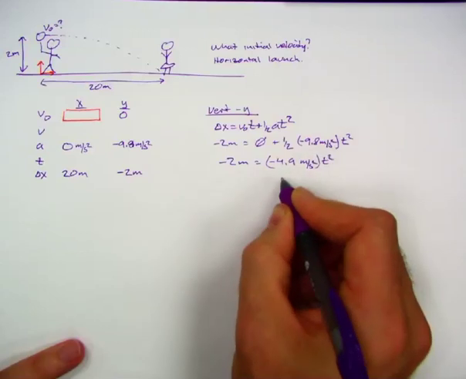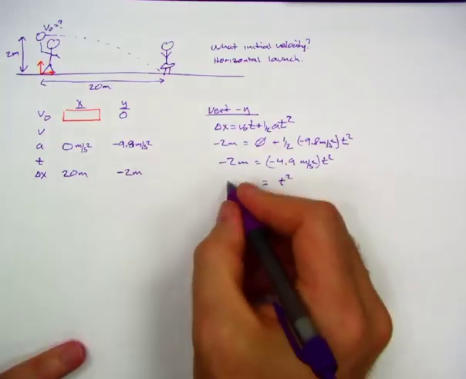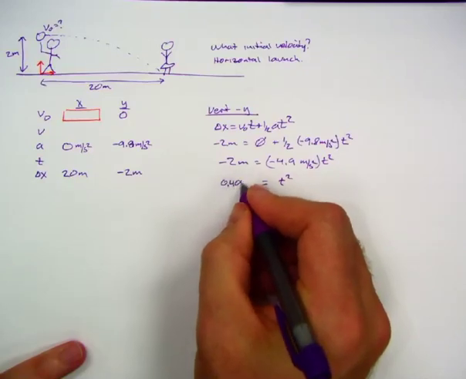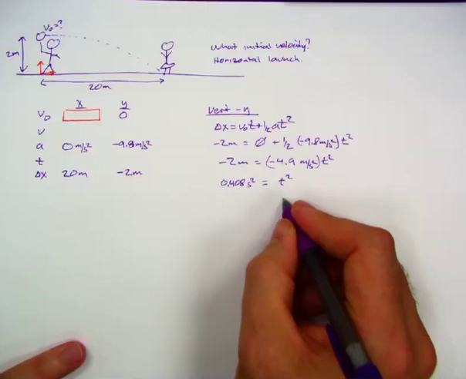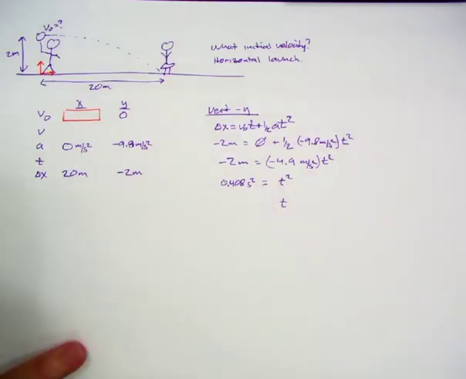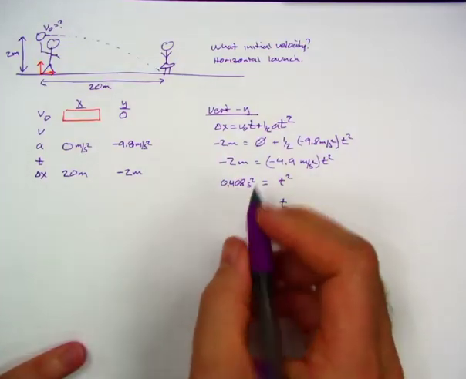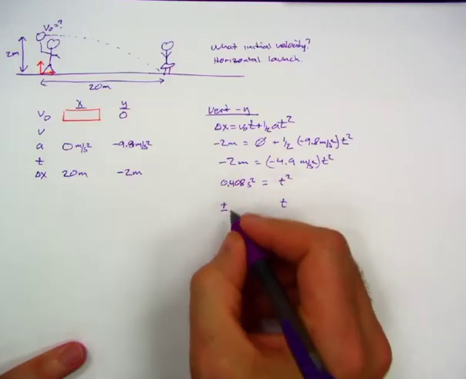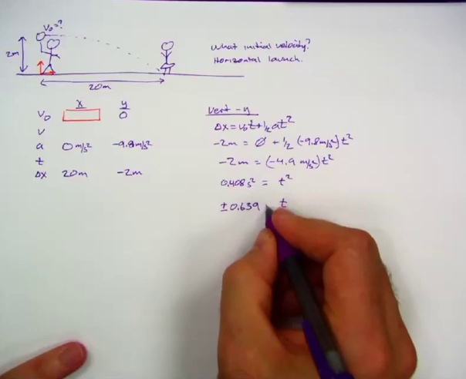times t squared. T squared is going to be equal to 2 divided by 4.9, which is 0.408. My meters cancel out, so I just get seconds squared. So my time is going to be equal to the square root of 0.408, and since I've taken a square root, I always do plus or minus 0.639 seconds.